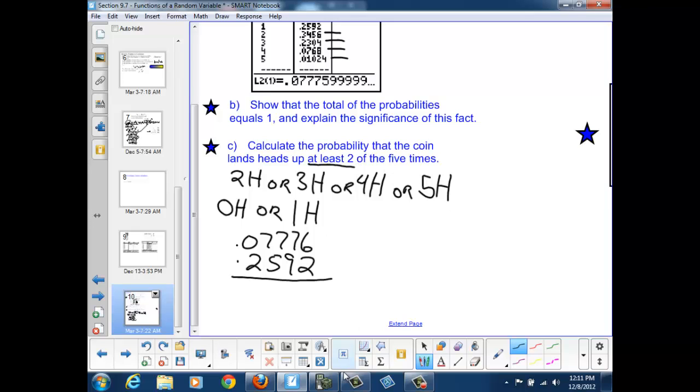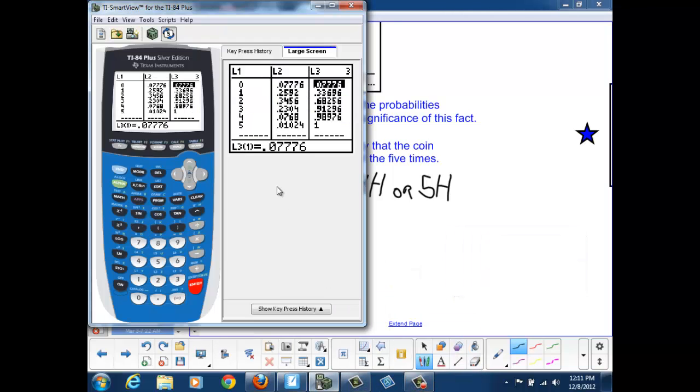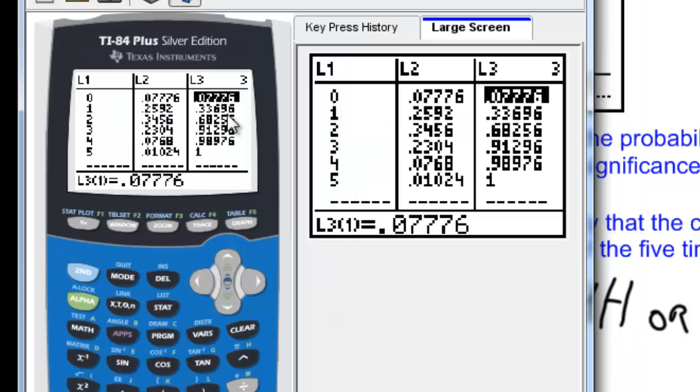So, if they're asking us to calculate the probability that the coin lands heads up at least 2 of the 5 times, what we would do is look at the probability of getting at most 1 head, and subtract that from 100%. So the probability of getting at most 1 head is 0.33696.